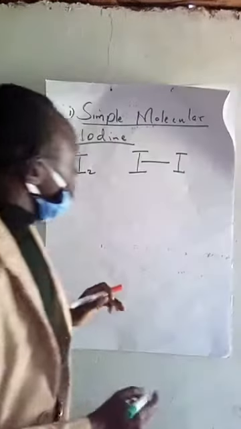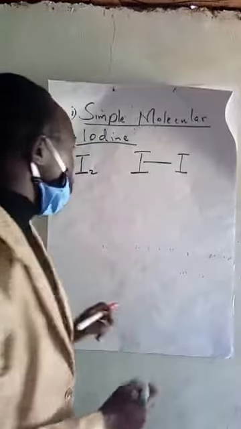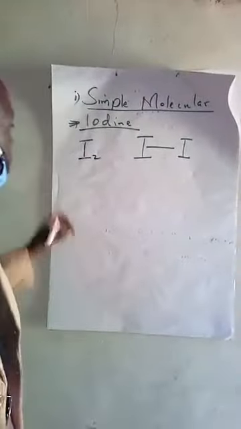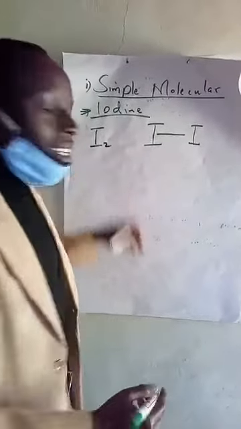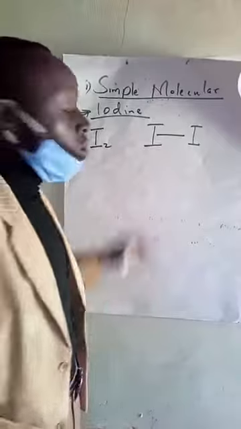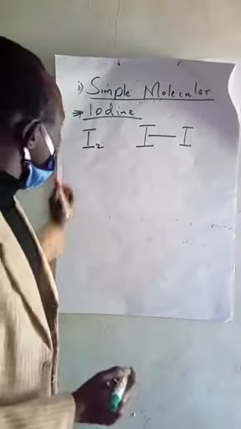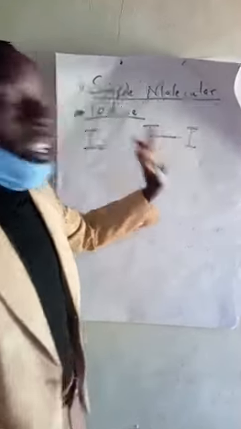In this particular case, for us to have a crystal of iodine, or a solid of iodine, or liquid, if it is liquid, we need several molecules of iodine, whereby each molecule contains 2 iodine atoms.